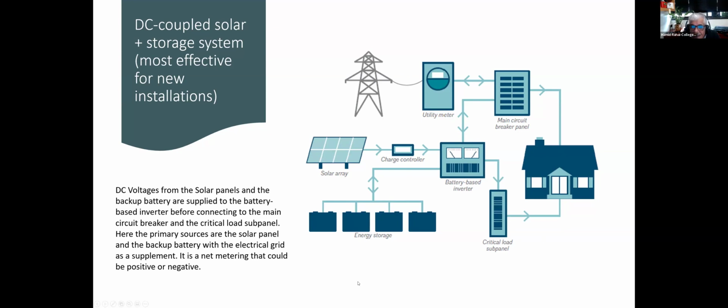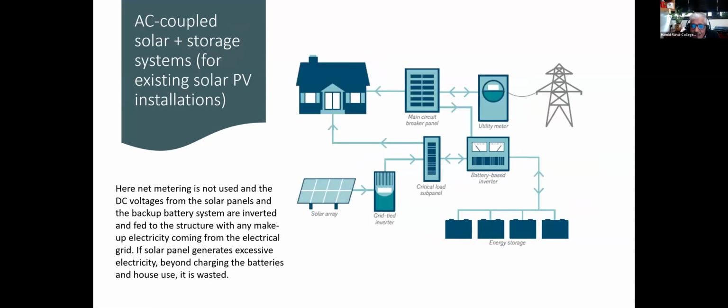Then there is another design, this design, where the solar generated power comes to the critical load sub panel. This is the inverter to convert this from DC to AC, come to here, and then the battery-based inverter output also comes to here, and then it's fed to the house for usage.